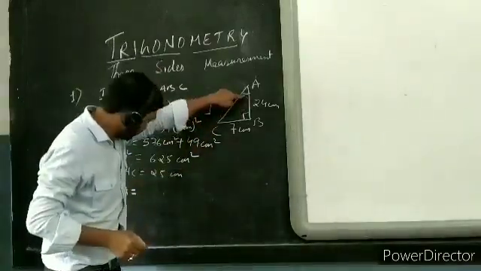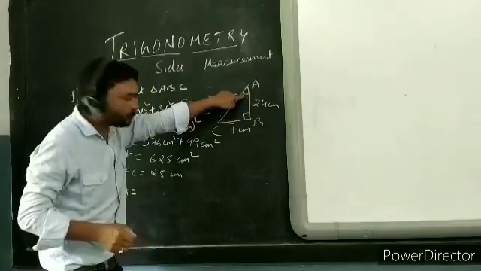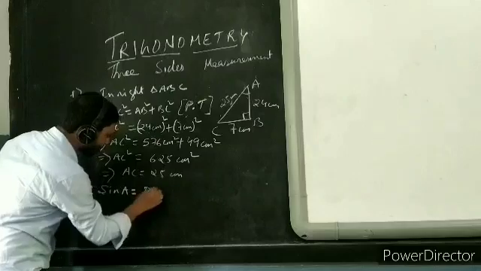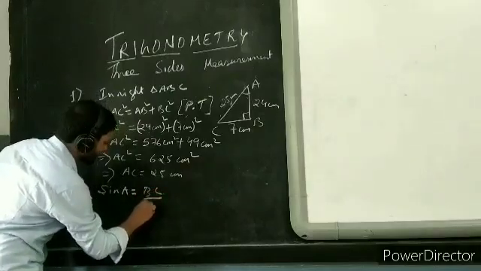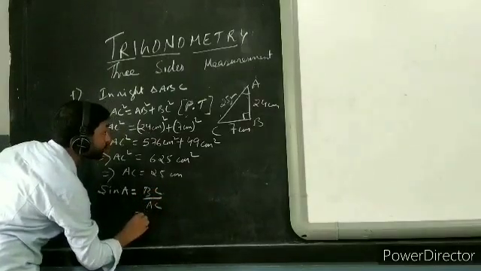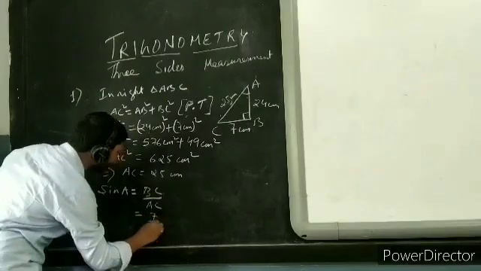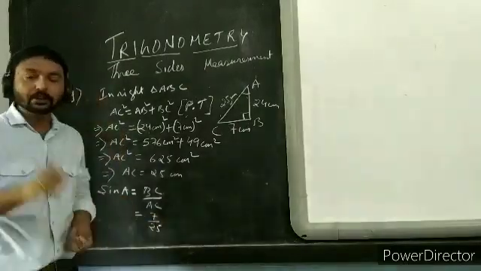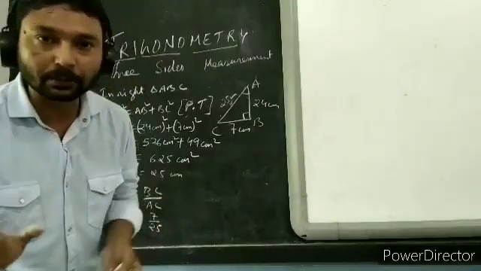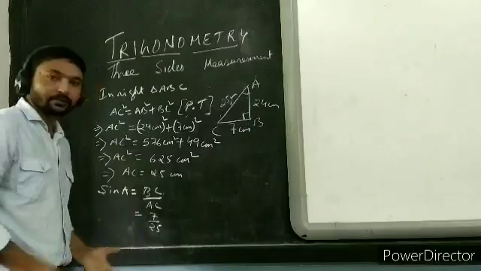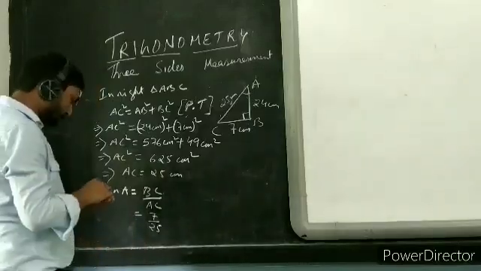Now, sin A is here. Which is going to be perpendicular? The opposite side of this one, that is exactly BC. BC by AC, that is 7 by 25. And these are all trigonometric ratios, and ratios don't have any units. You should know that, okay? Don't write centimeter or anything here. Now 7 by 25.